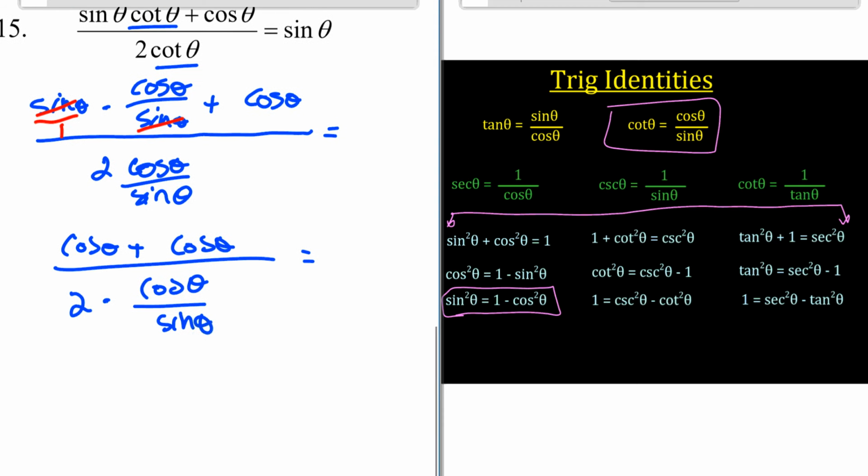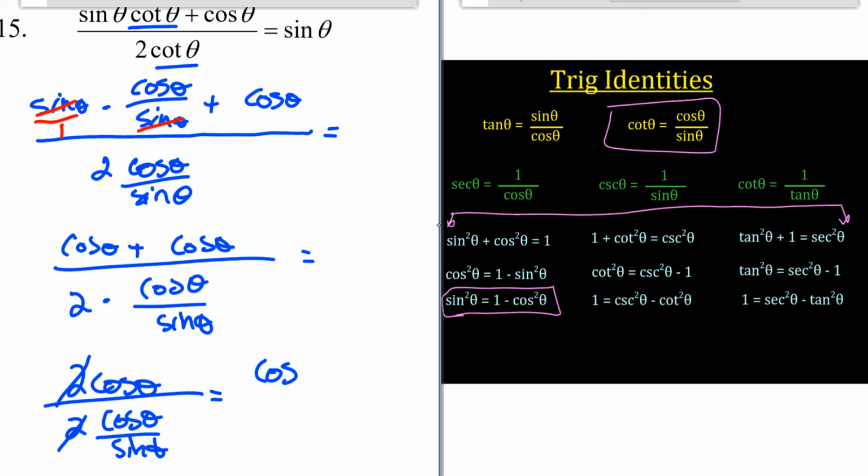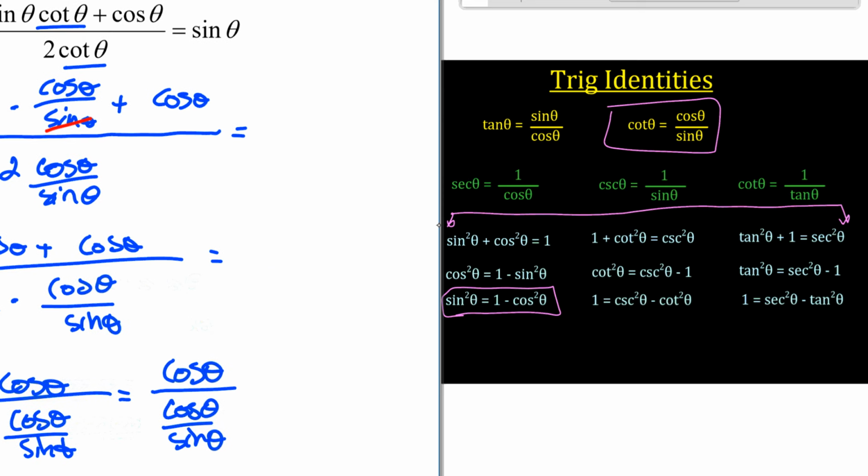And so what is cosine theta plus cosine theta? Well, that's 2 cosine theta over 2 cosine theta over sine theta. The 2's are going to cancel out, and we're going to have cosine theta over cosine theta over sine theta. And whenever you're dividing by a fraction, you can multiply by the reciprocal.